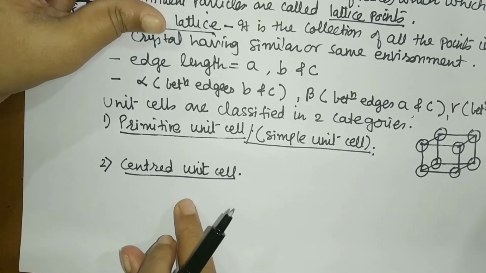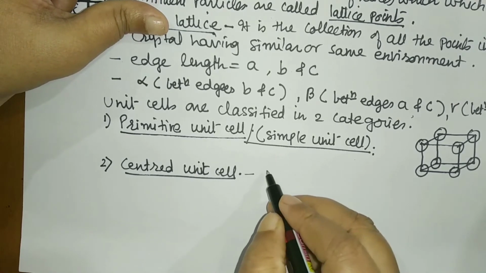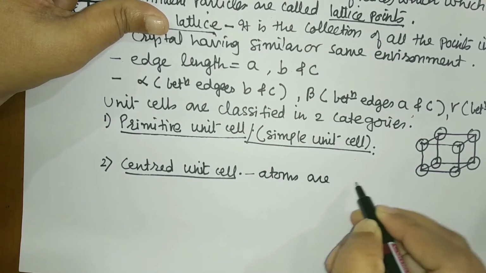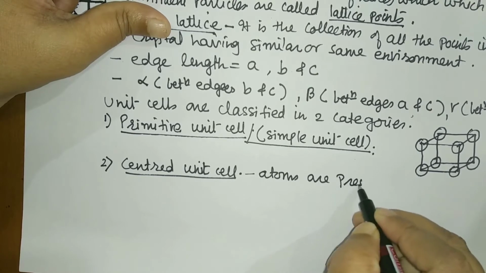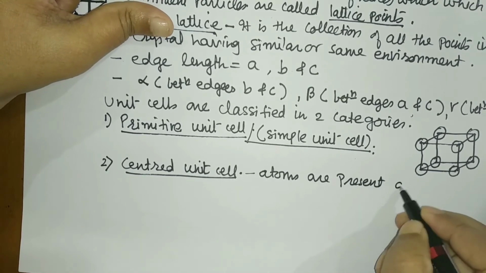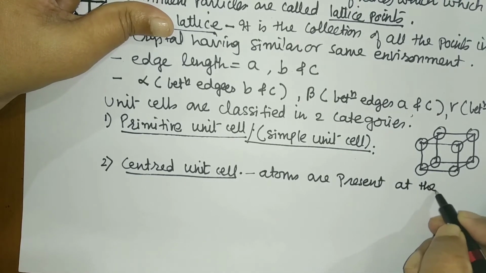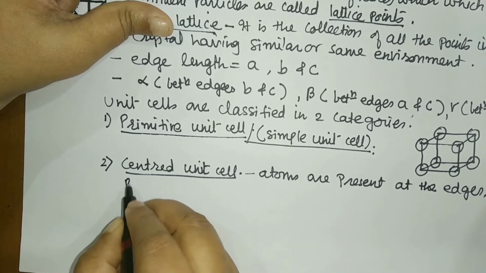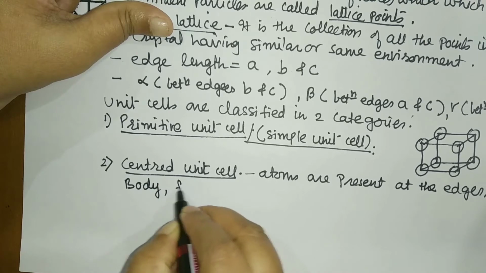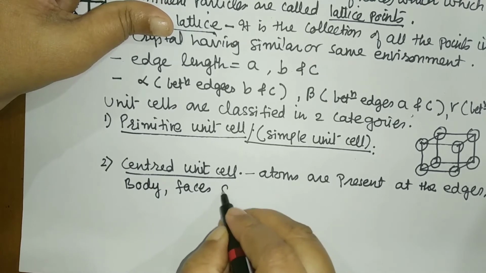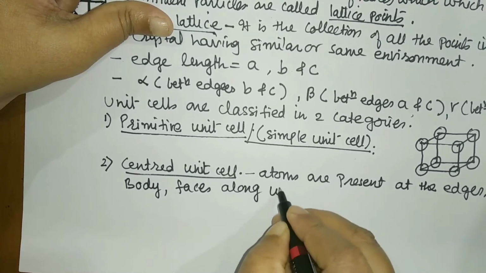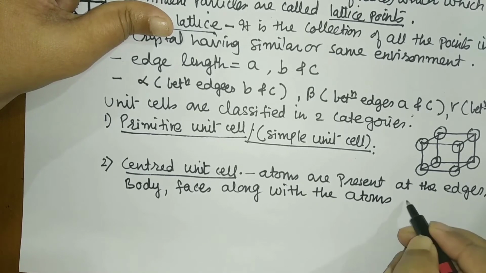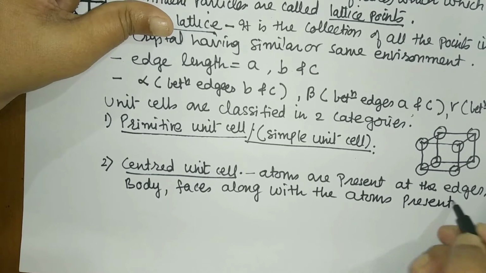So I can say when atoms are present at the edges, body, faces, along with the atoms present at the corner.